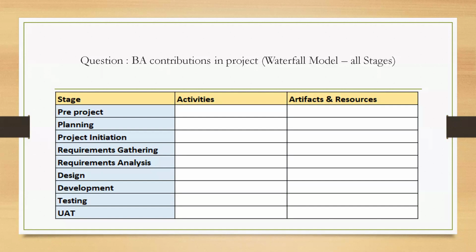Once the project is initiated, we start with requirement gathering, where we collect the requirements from the client, work on those documents, and prepare the BRD, SRS, or documents like that. So that's how you need to add each and every BA contribution in each and every stage.